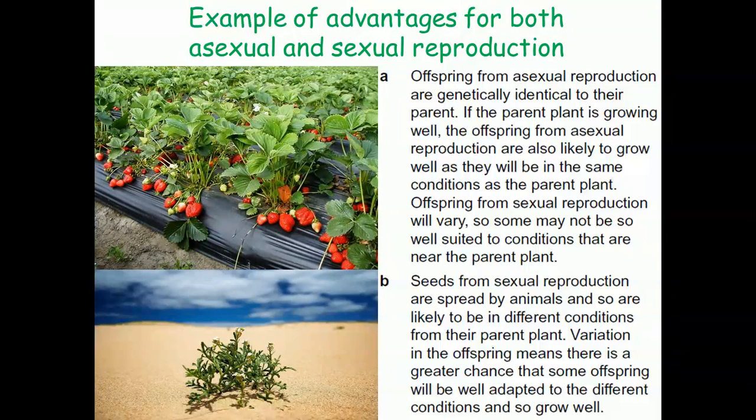In another example, seeds from sexual reproduction are spread by animals, so those seeds will then grow in a different condition to their parent plant. Having variation means that some of these offspring will be better adapted to grow in the different condition.